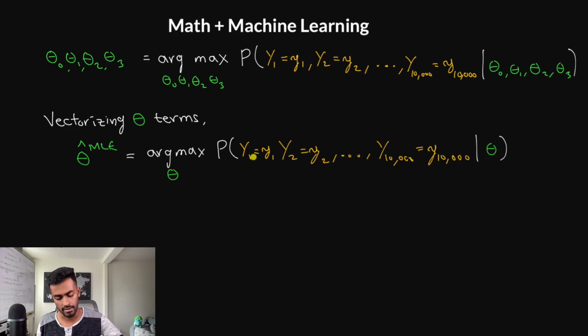So something to note here is that this capital P is a probability distribution function. But it's a probability distribution function over a continuous random variable, specifically y1, y2, and capital Y 10,000. And since these are continuous random variables, this probability distribution function is more specifically called a probability density function.